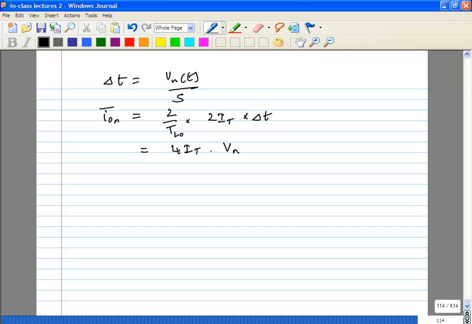Actually, this is TLO, actually Vn over S. Okay, so actually we need to modify this. What do we know about S for a sinusoid signal?